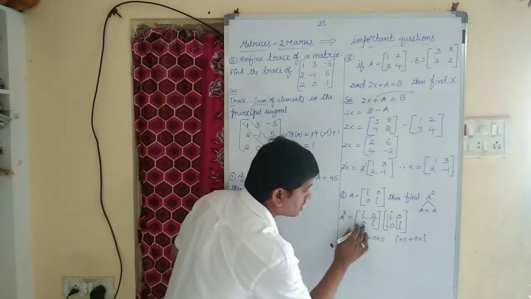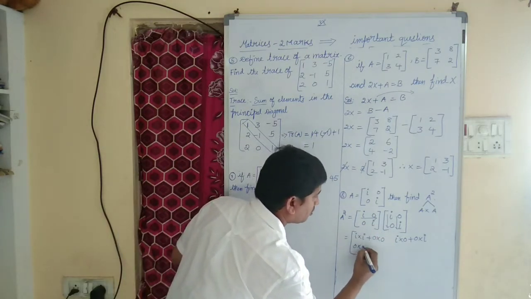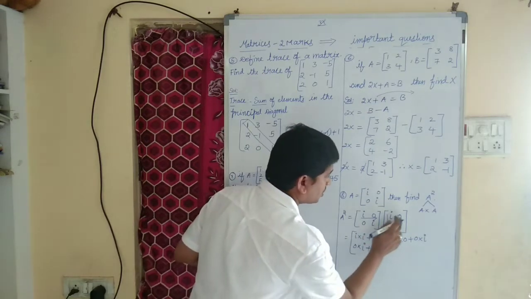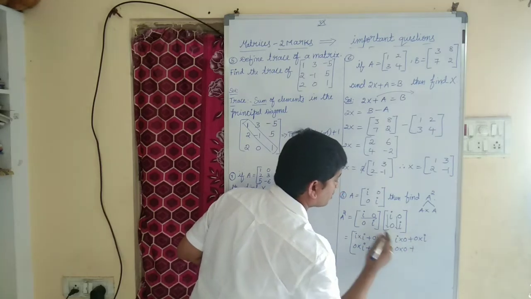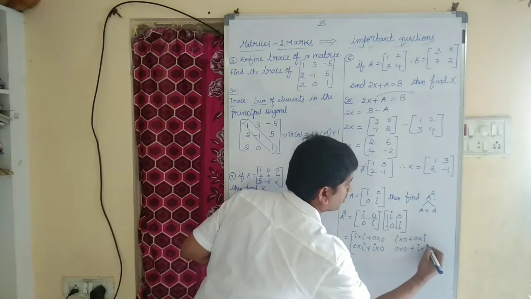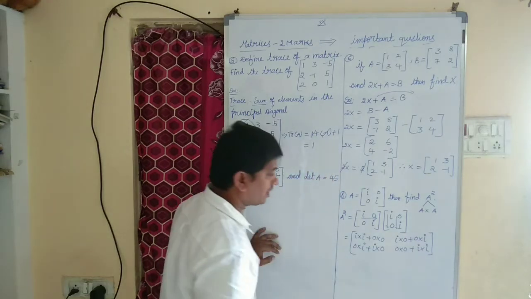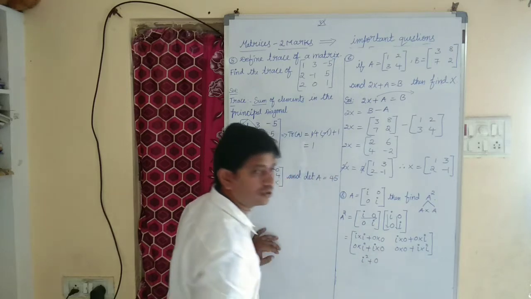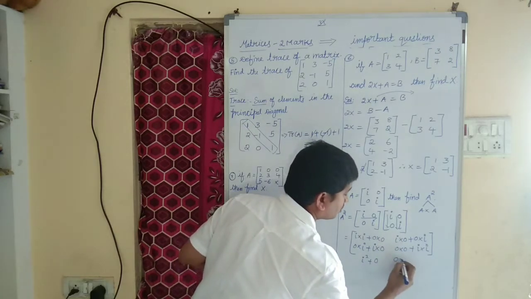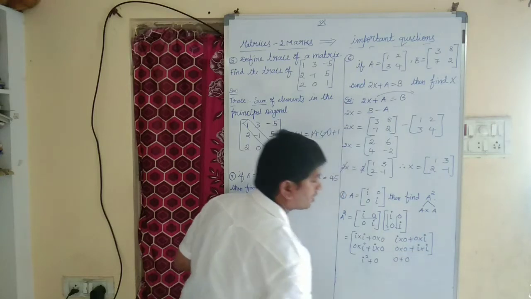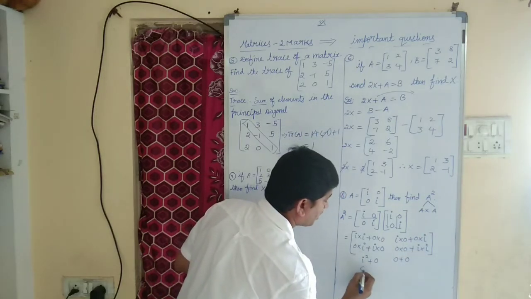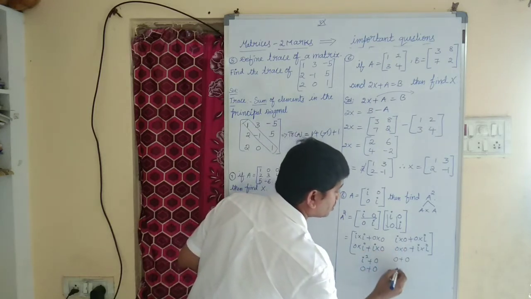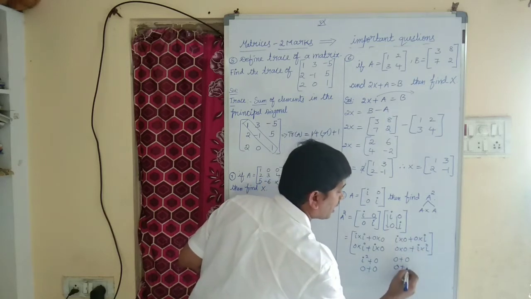Now coming to second row, first column. 0 into i plus i into 0. Again 0 into 0 plus i into i. Right? i into i, i square plus 0 into 0, 0. i into 0, 0 plus 0 into i, 0. 0 into i, 0 plus i into 0, 0. 0 into 0, 0 plus i into i, i square.